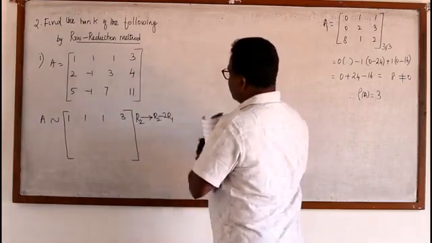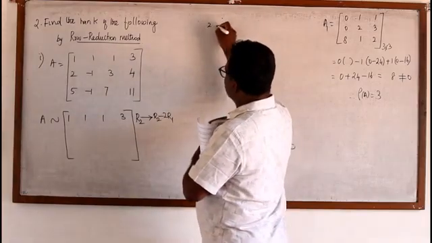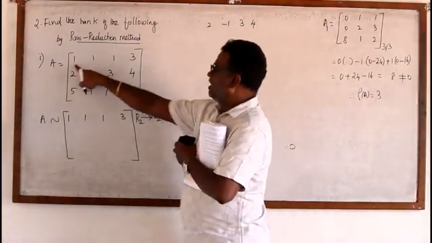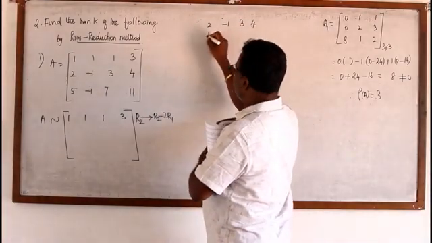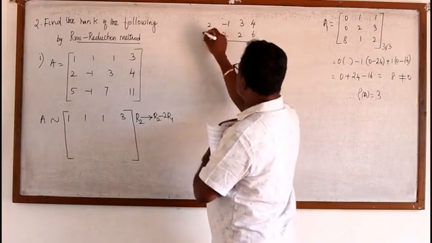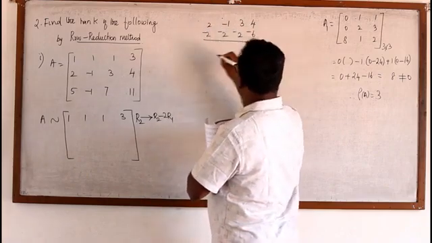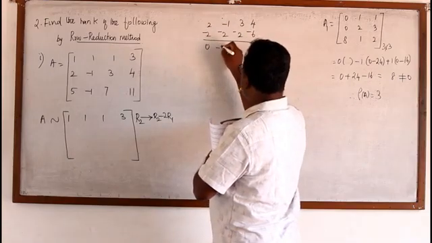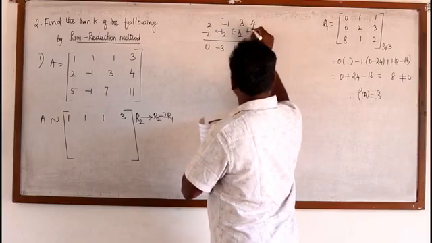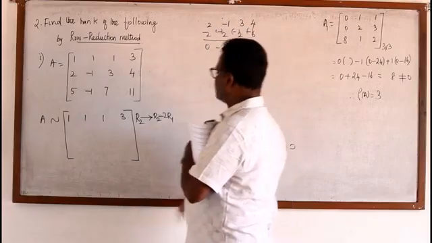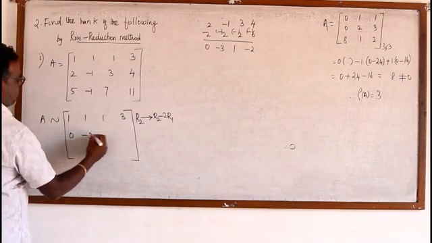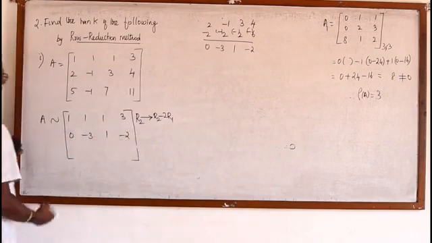Then what is R2? 2, -1, 3, 4. When I multiply each number by 2, it is 2, 2, 2, 3 2s are 6. And we are subtracting. So it becomes 0, -3, 1, 4 minus 6 is -2. This is my new second row, that is 0, -3, 1, -2.